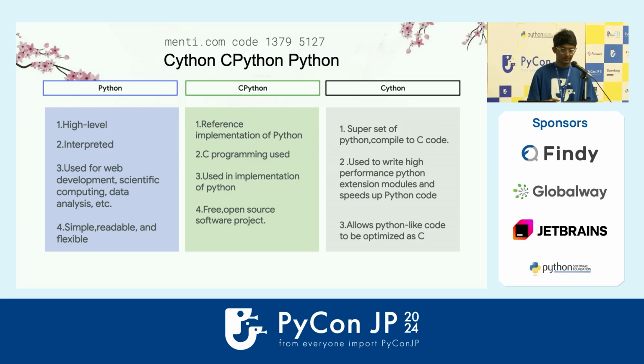The compiler for this is written in the C programming language. It's free and open source. Coming to normal Python, we are at PyCon, it's a high-level interpreted language, which we use for web development, machine learning, data analysis. But what is Cython? It's a superset of Python, wherein we compile Python, which is not very usual, to C code, and write high-performance code.